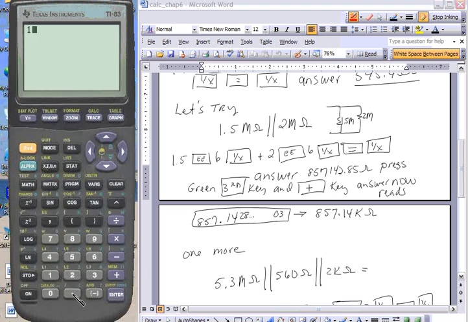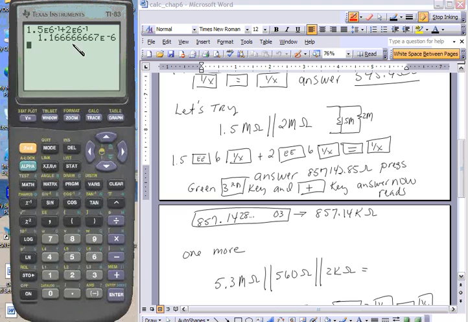So I go 1.5 EE6, 1 over x, plus 2 EE6, 1 over x. Now I hit the equal sign, and again I get a very, very tiny number.